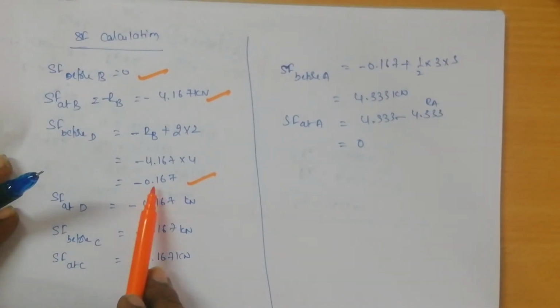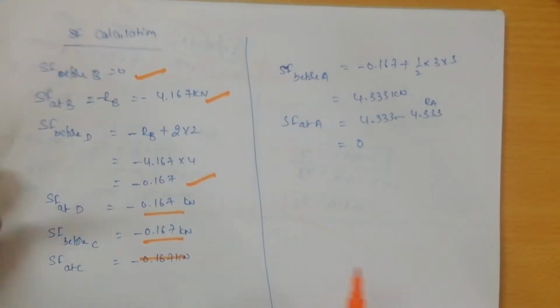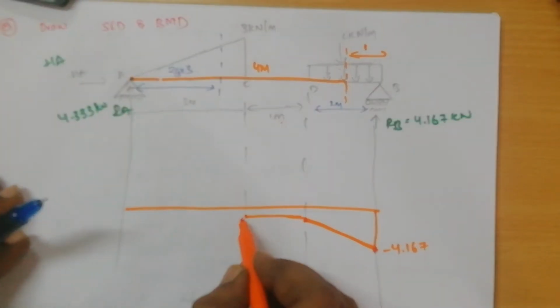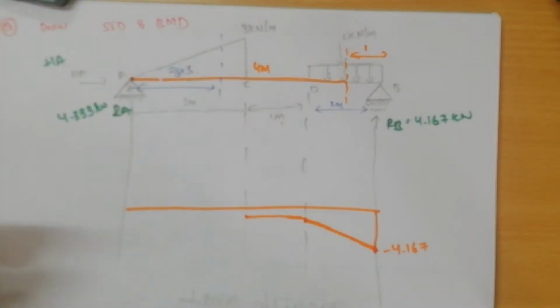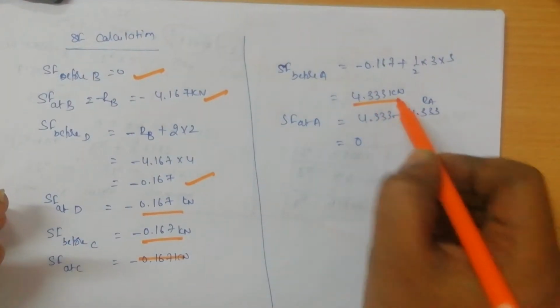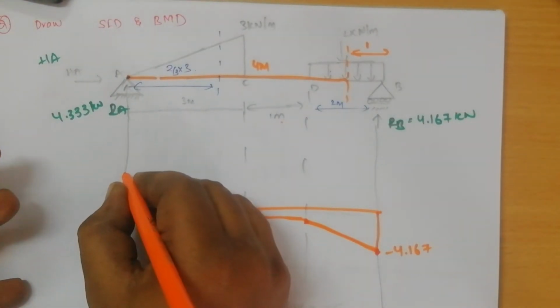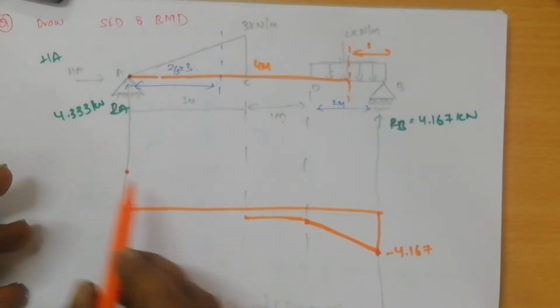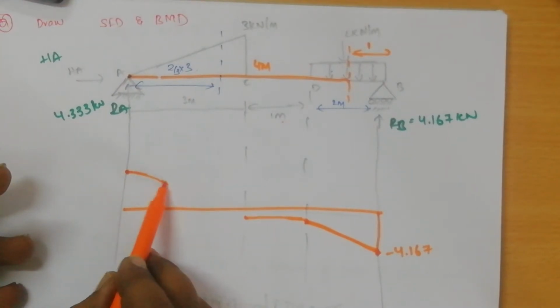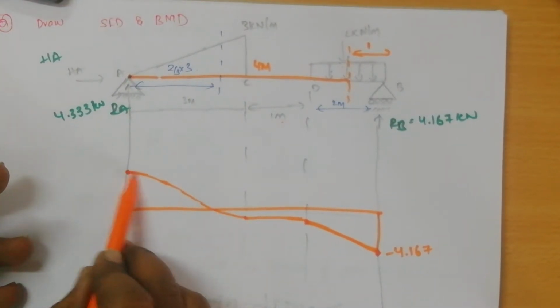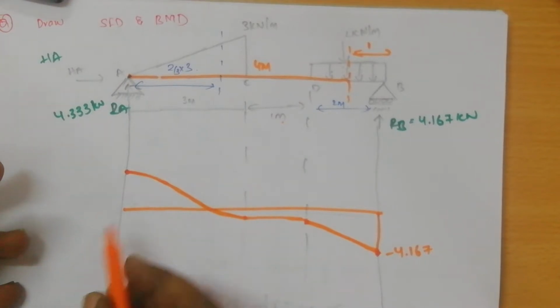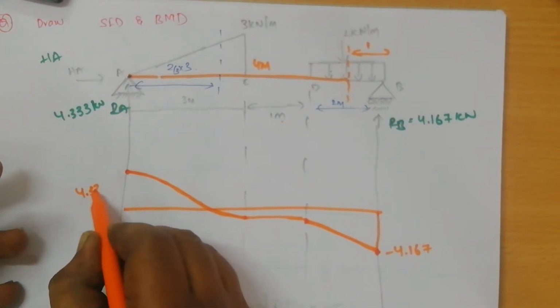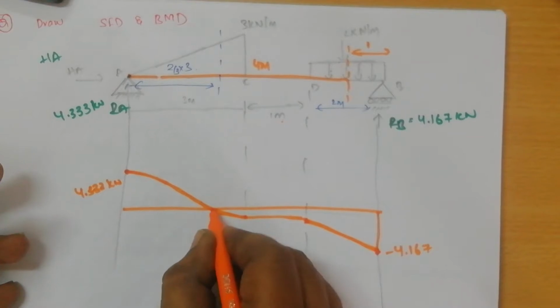Okay. Next, from here again when I go to this point, we are getting an answer of 4.333. So I will draw this 4.333. So we have to join this using a parabolic curve. Okay. Next, this is the value 4.333 kilonewton. So this distance I don't know.